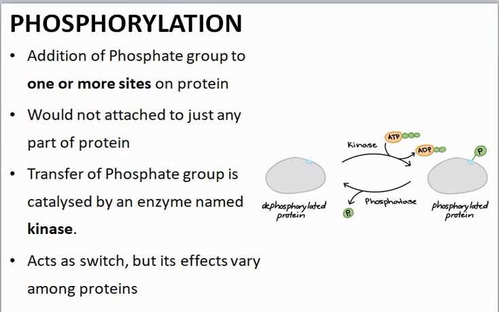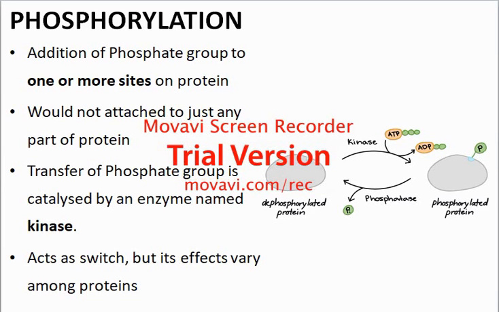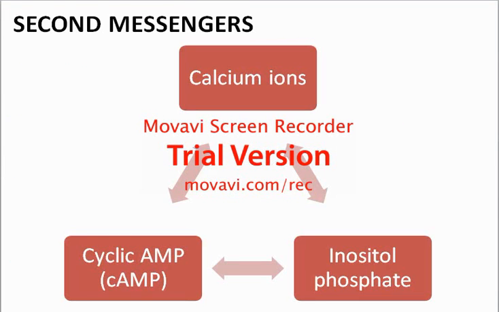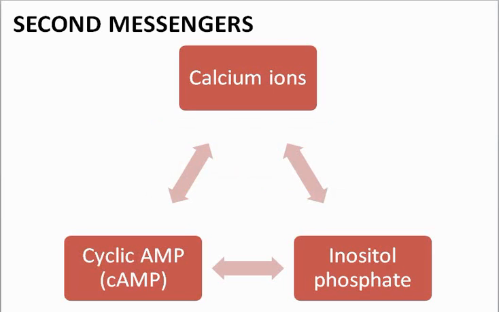Next is second messengers. Although proteins are important in signal transduction pathways, other types of molecules can participate as well.